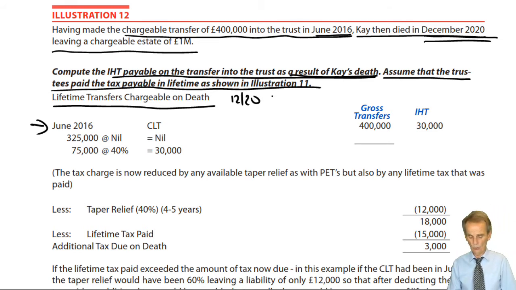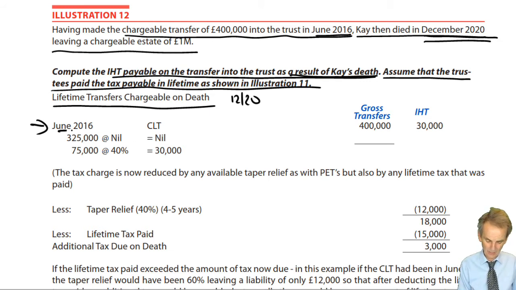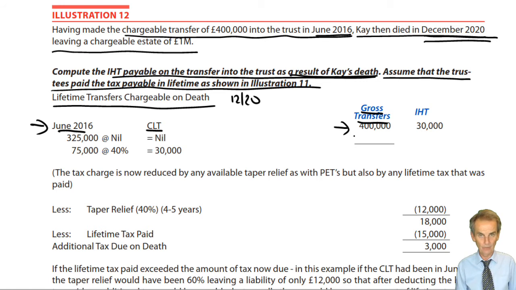That means we'd have gone all the way back to the relevant date in December 2013, 7 years before this, on our cumulative 7-year working. June 16, what was it? A CLT. Now we don't need any further working column, we just need what was the gross transfer. We know now what was the gross transfer, it was £400,000.